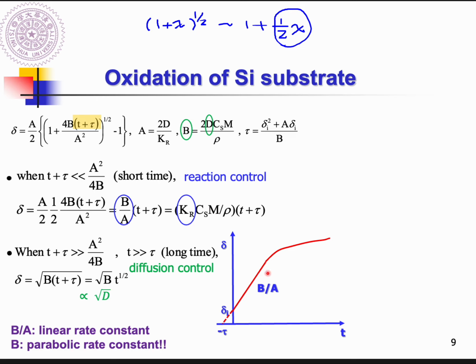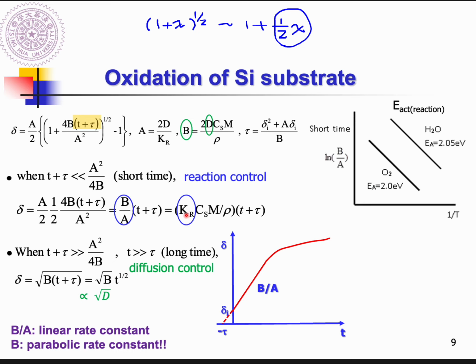So from this slope, B divided by A, as long as I fit it, I get the slope. I can get what's the Kr. And the same idea, if I fit for the long reaction time, I can get the diffusivity. So next, as long as you can get the Kr and diffusivity, I can further get the activation energy, right?